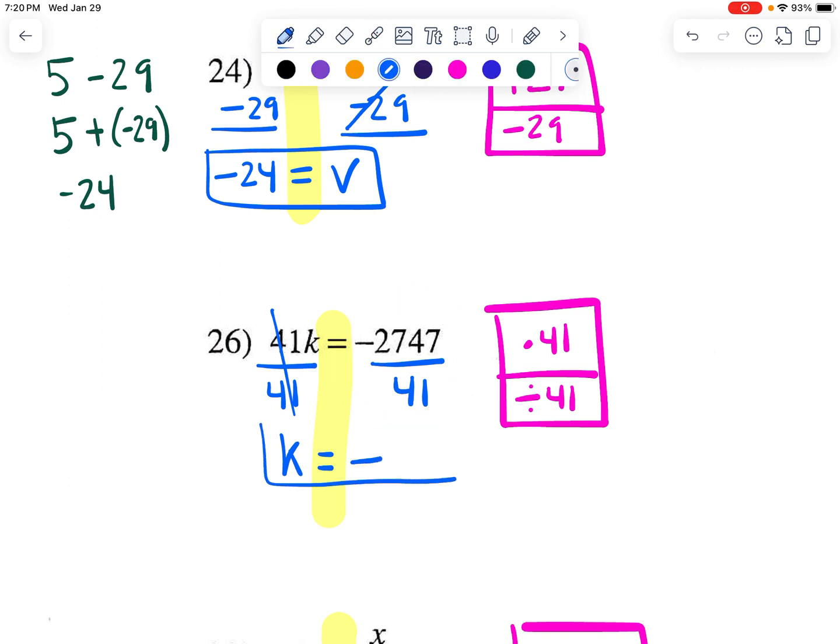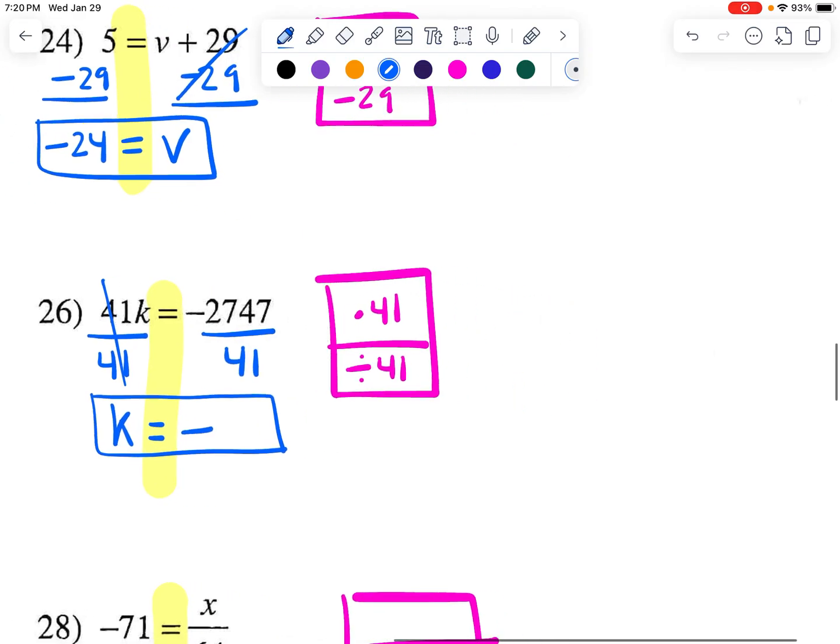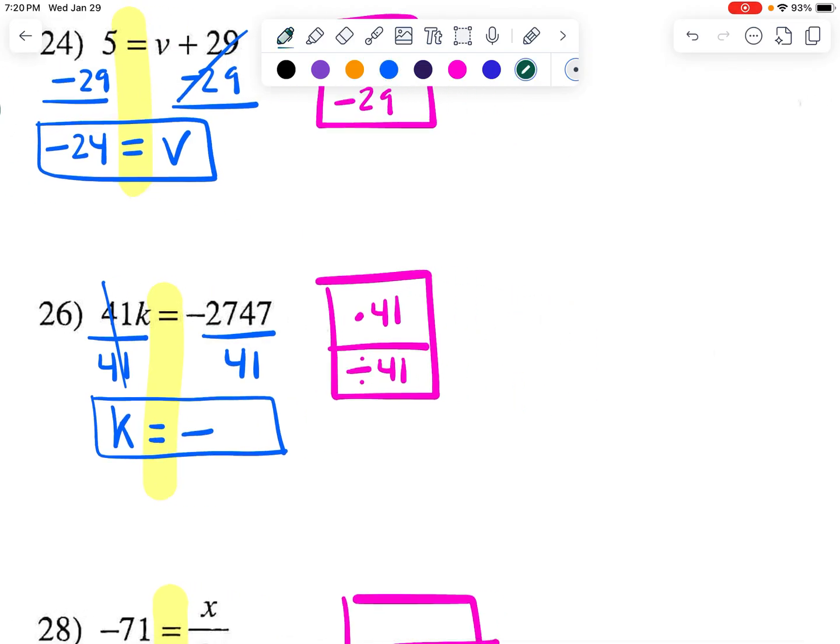So my answer is 100% negative. Now let's do a little side calculation. Let's just take the absolute value of both those numbers. Okay, so how many times do you think that 41 divides into 274? I would maybe say 6 times.